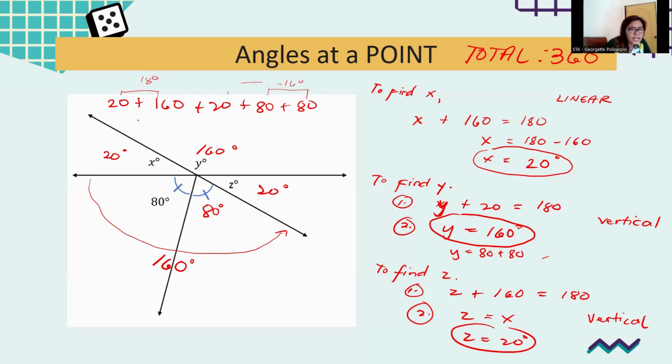So 180 plus 180 is equal to 360 degrees. So our solution is correct.